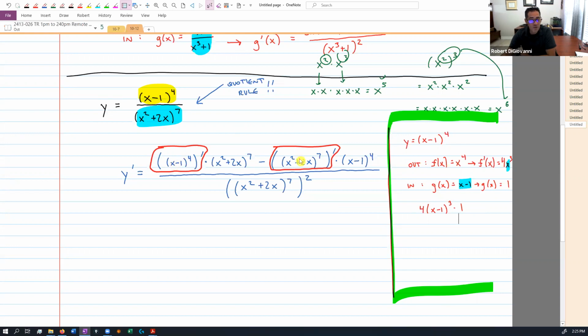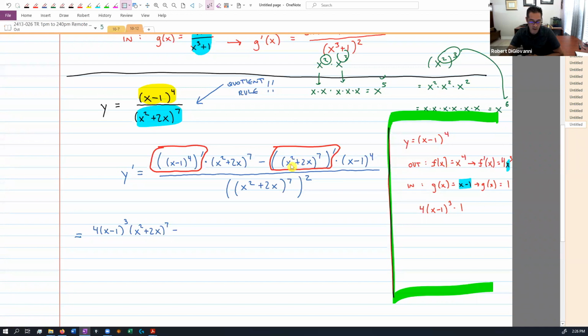You then have to do the same thing for this one and work that out. I'm not going to do that. I've done one of them. You can do that one on your own. This one, I'm going to get 4 times x minus 1 cubed, then times the bottom function, minus, now this derivative here, I'm going to do with the fast way.